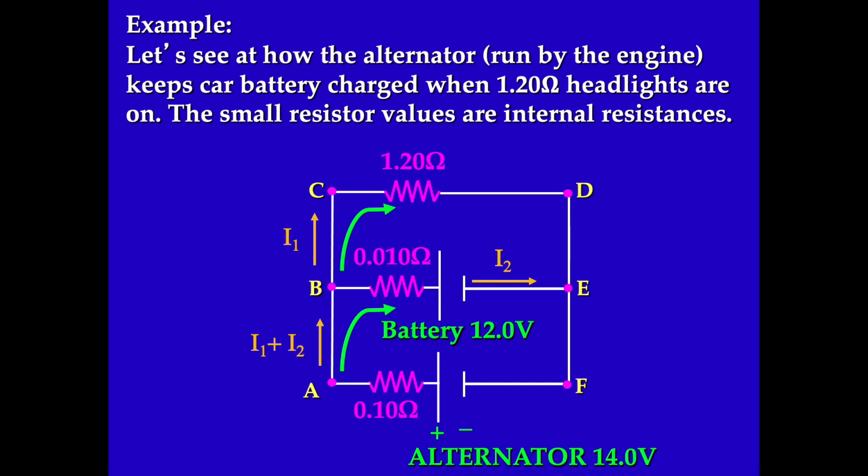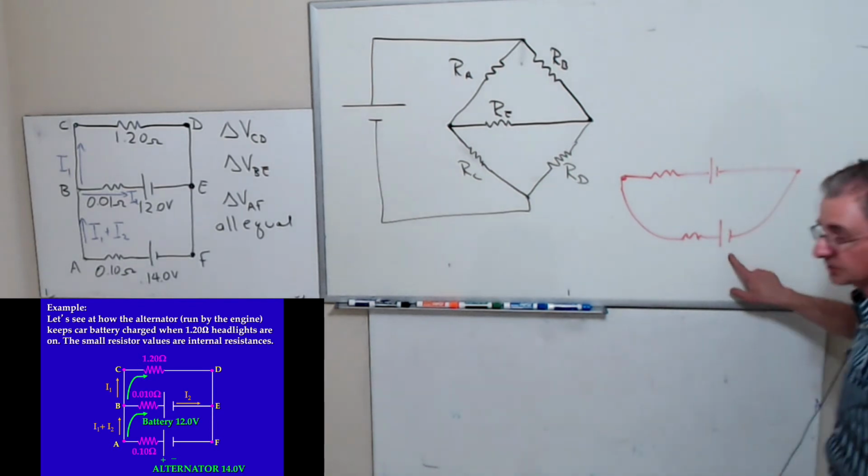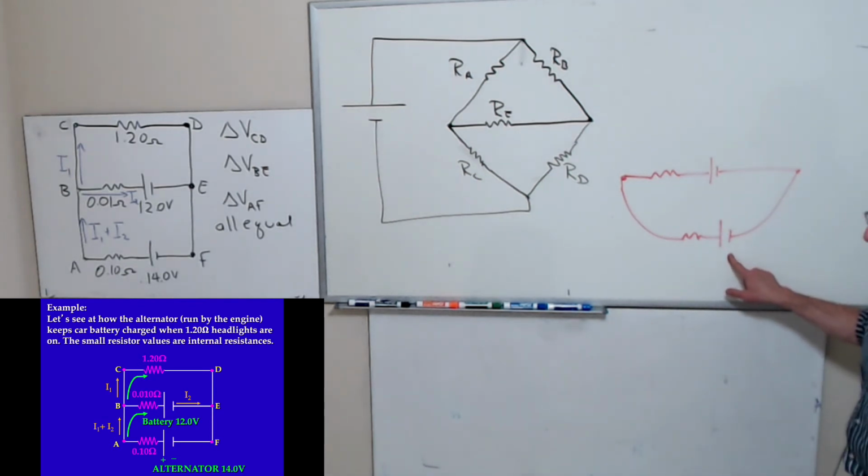If you combine the resistors and the batteries, I'm just shrinking the wire. It's the same thing. Oh, sorry. Yeah. Thank you. It's the same thing as if I did this. Right?